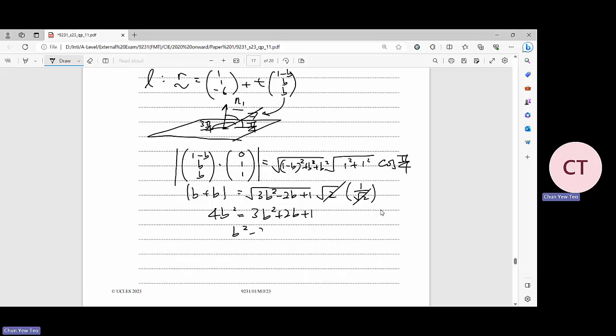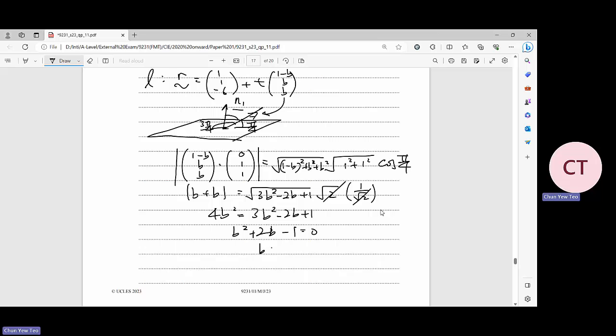Then you get b squared plus 2b minus 1 equal to 0. Wait, I made a mistake. This is a minus 2b plus 1, so this one is b squared plus 2b minus 1 equal to 0.